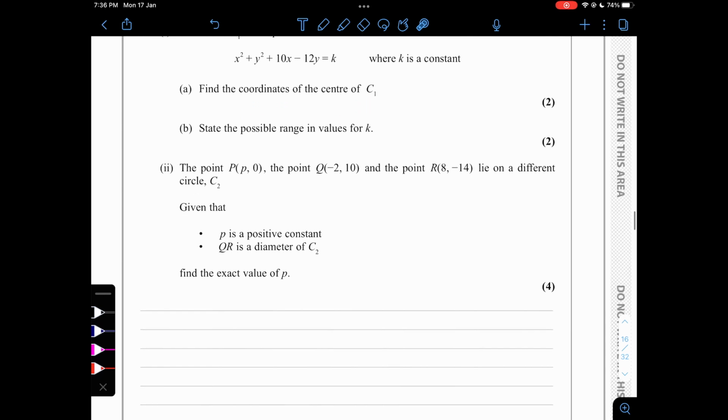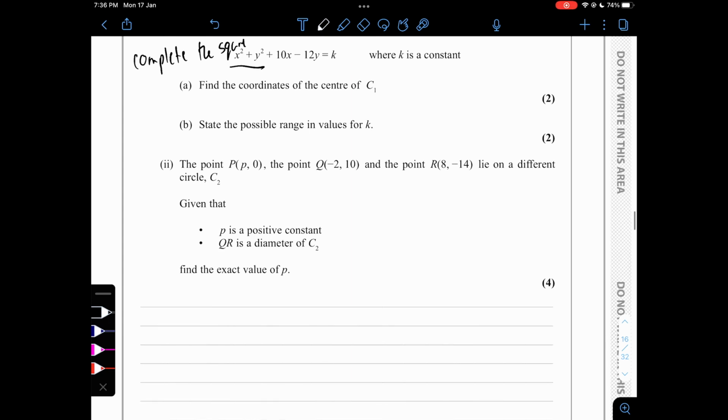Okay, we have to do what? We have to complete the square to get rid of these squared values. So part A, let's complete the square. So we have x squared plus 10x, so that will be what? We take half of it, so x plus 5 squared, minus 5 squared, obviously. What about the y?